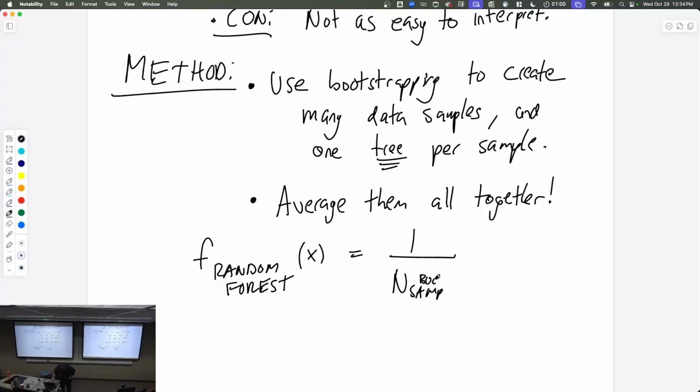Let's call them bootstrap samples, the number of times you did the bootstrapping procedure, then you just average them all up. And then you do F of tree number i. Because these are all trained on different sets, all these trees are slightly different, and so when you average them up, it's better than any individual tree.